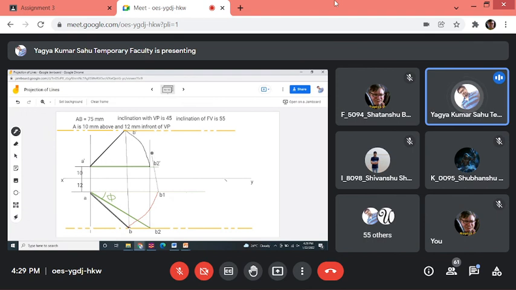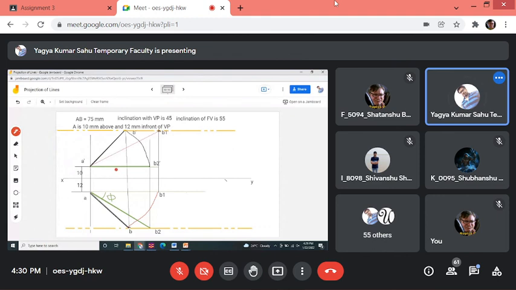Draw a projector line at this particular point and find out the intersection of that projector line with the locus. What is this? This is nothing but B1 dash. Join AB1 dash. What will this AB1 dash be? What is this AB1 dash?